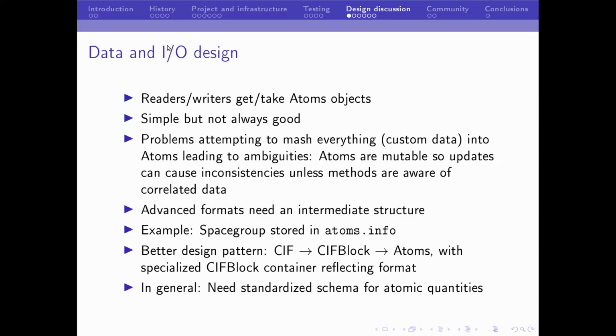And the other thing about the I/O formats is that they generally take atoms as an input and save that to the file, and then when you read the file, they return atoms. And that's of course incredibly easy, but it's also a big problem sometimes, because if you have a format that can store something that's not defined on atoms, then you need to kind of mesh it into the atoms.